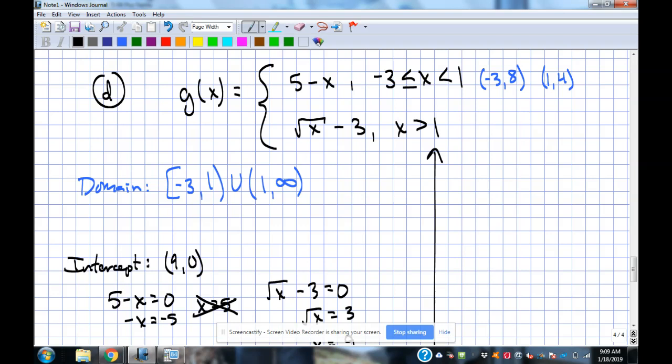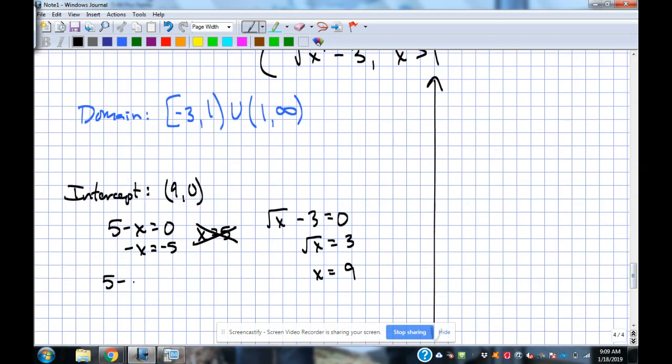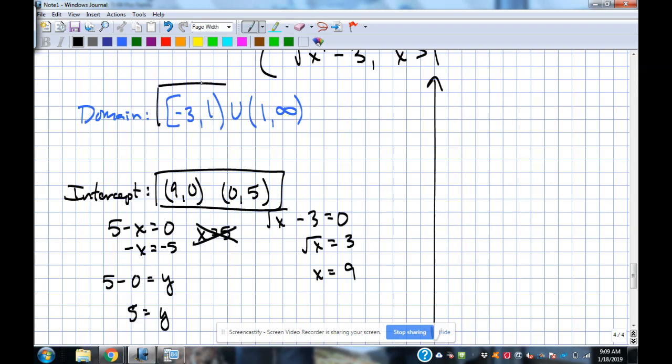The other one starts at 1 and goes up. 0 definitely is not bigger than 1, so we have to use 0 in the first part. So if we plug in 0 into 5 minus x, that's going to get us a y value, so that'd be 5. So (0, 5). Those are our intercepts.